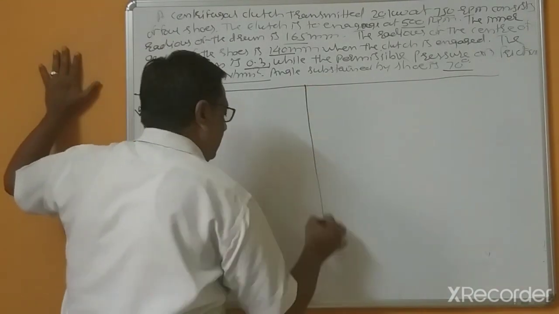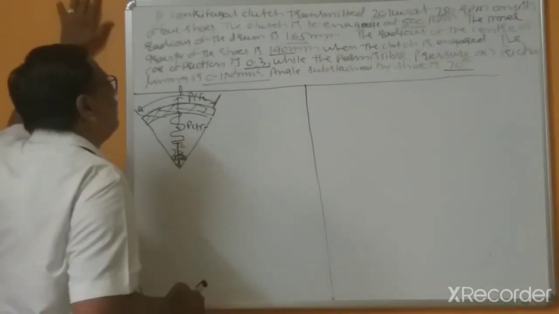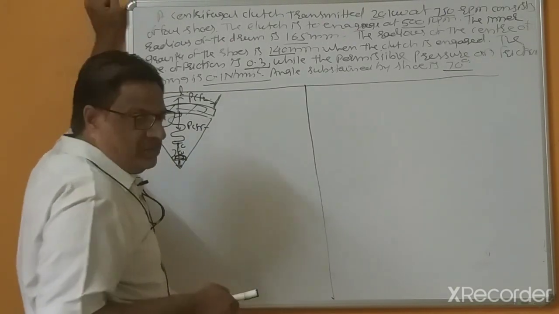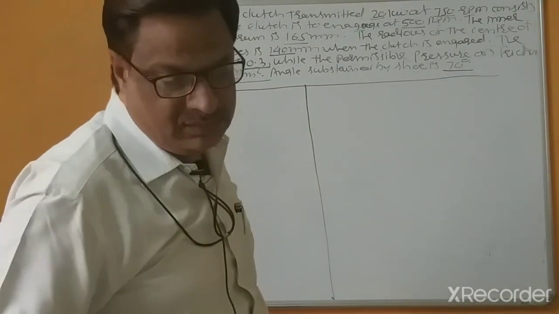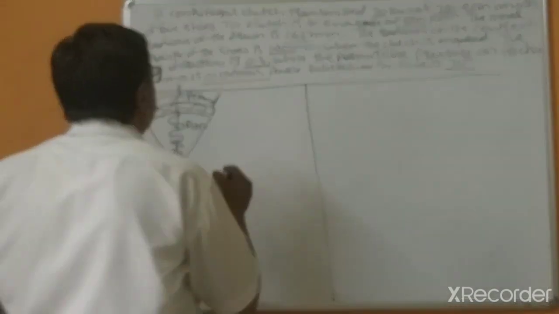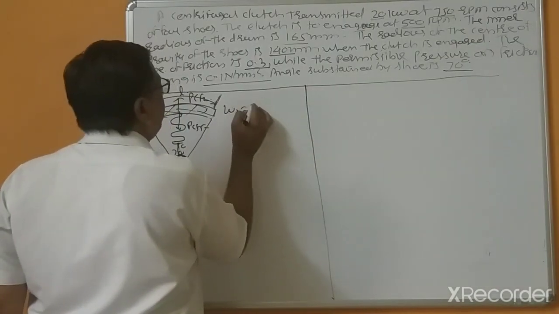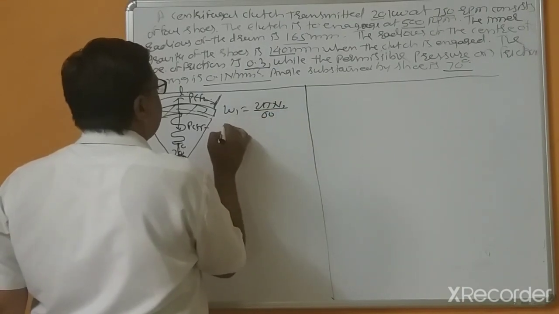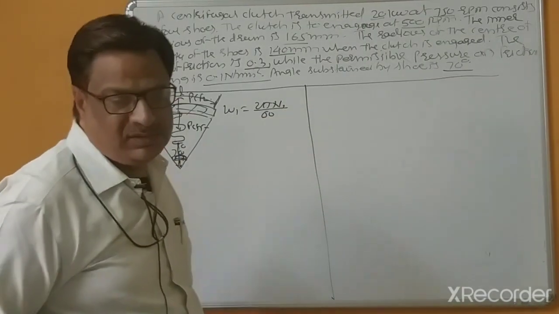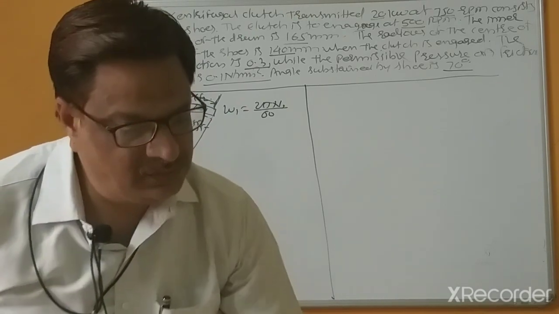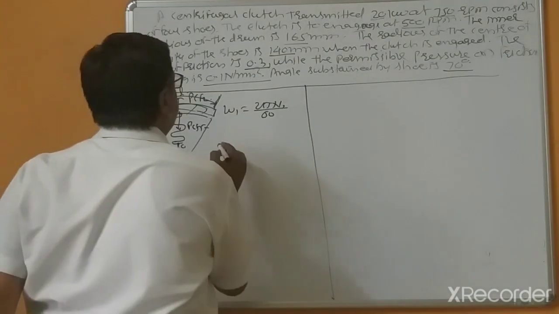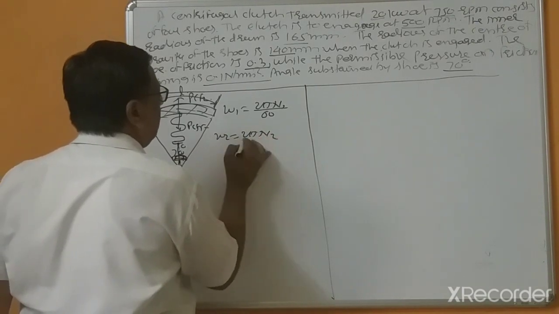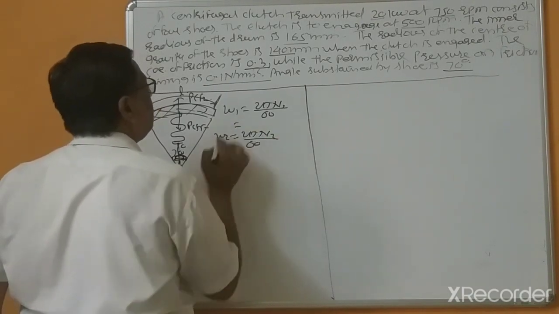So first we will calculate omega 1 equals 2 pi n1 divided by 60, and omega 2 equals 2 pi n2 divided by 60.